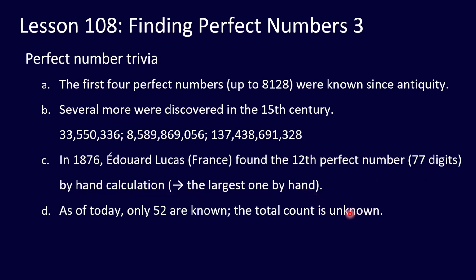As of today, only 52 are known. The total count is unknown. So it's a big challenge for human beings to find more perfect numbers. In a history of 3,000 or 4,000 years of mathematics, only 52 are known.